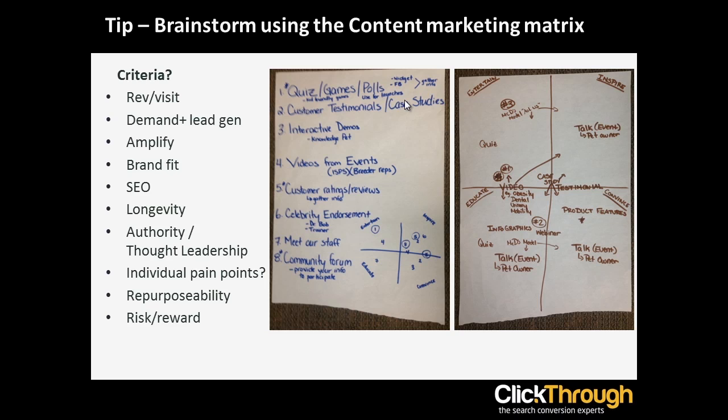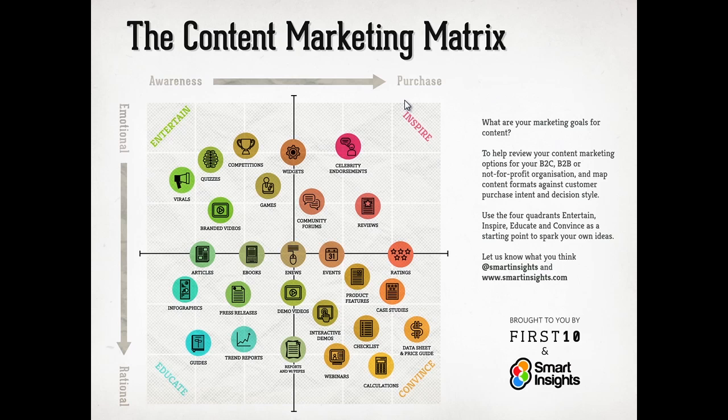And what we're really doing is we're reviewing 4 different types of content which will help us share our brand, generate links, but also convert clients as well. So those 4 areas are entertain, inspire, educate and convince. And as we're reviewing our different content options, we should review them in all these different ways. So to put a bit more detail on that, this is again something we've developed at Smart Insights originally.